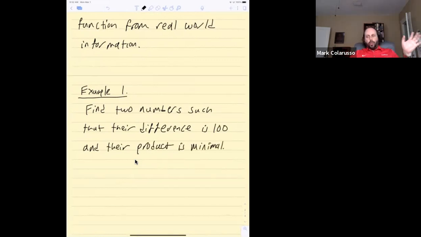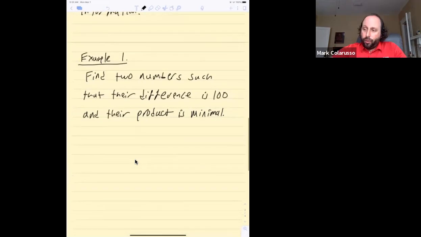Okay, so this is exactly what I was talking about. We're not given a function y equals f of x and told to go find the minimum and maximum of this function. We're saying something much more ephemeral in some sense: find two abstract numbers whose difference is 100 and minimize their product.